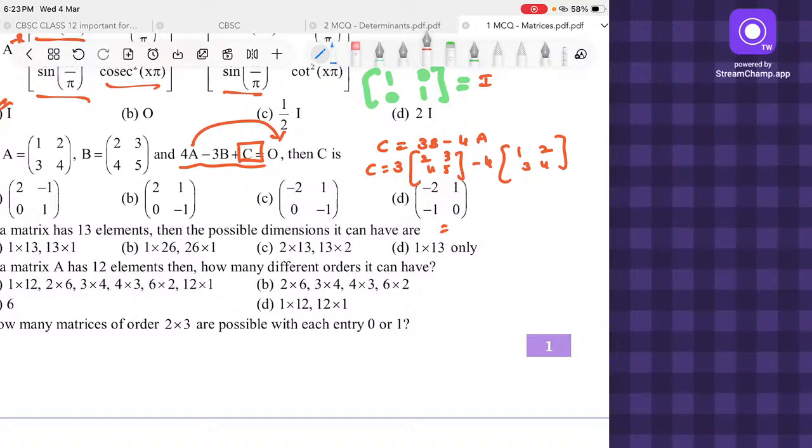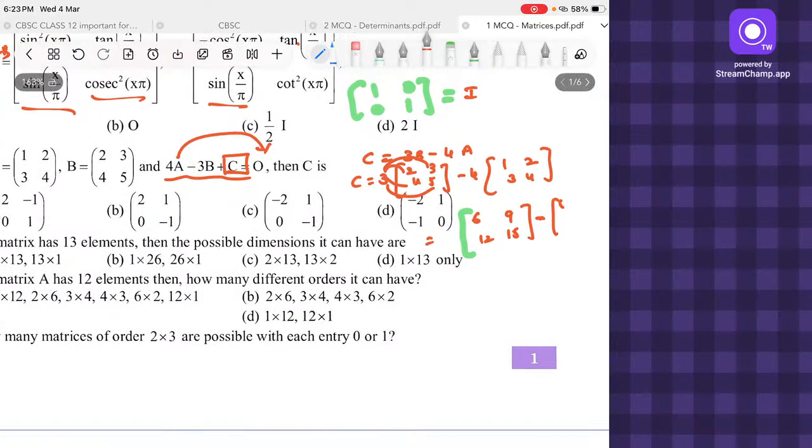Then multiply. If you multiply any real number with a matrix, this number should be multiplied to each element. So 3 2s are 6, 3 3s are 9, 3 4s are 12, 3 5s are 15. Next, similarly multiply 4 with each element: 4 1s are 4, 4 2s are 8, 12, 4 4s are 16.